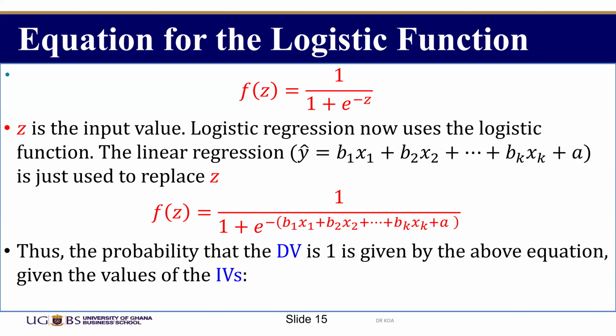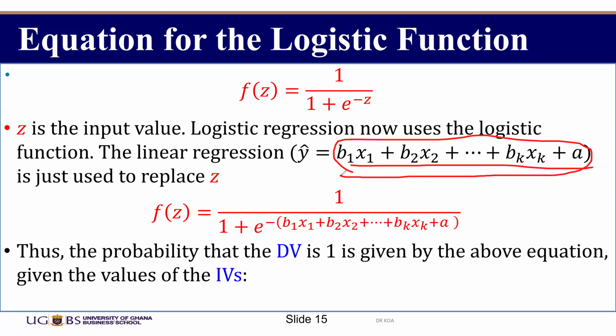So we've got to know the z value. In our regression model, this is the linear regression. So instead of this linear regression, we dump this whole linear regression, which is made of the independent variables, into the z section. So that becomes our z.